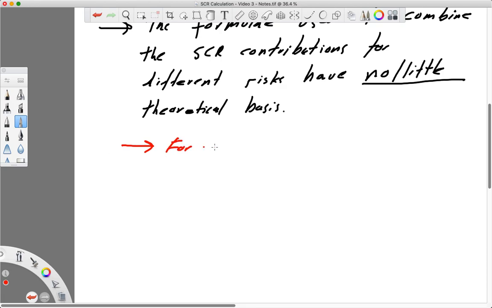So for random variables x and y, V of x plus y.